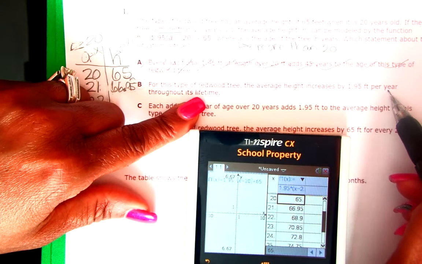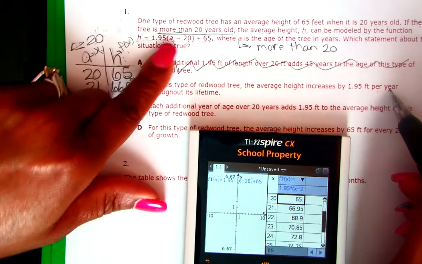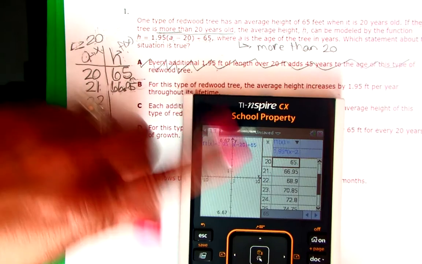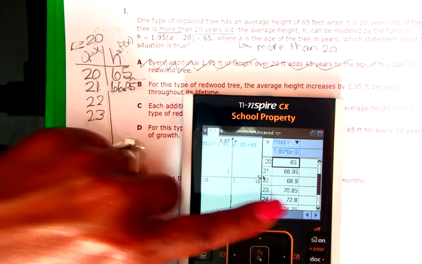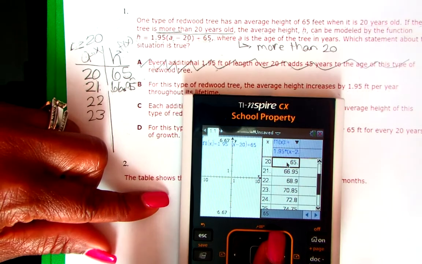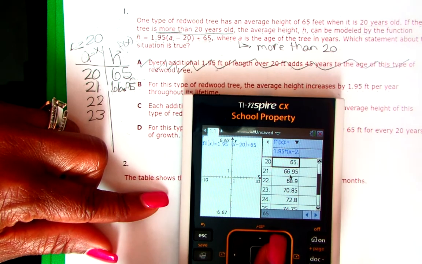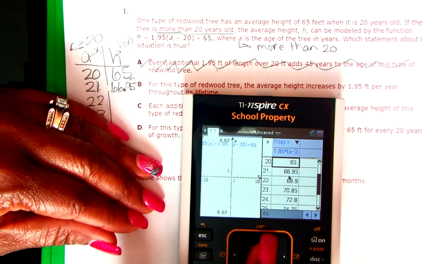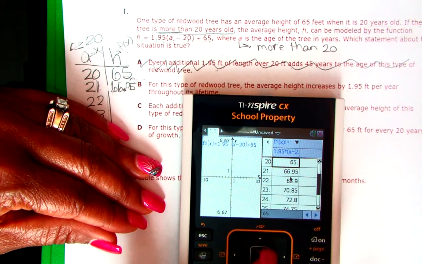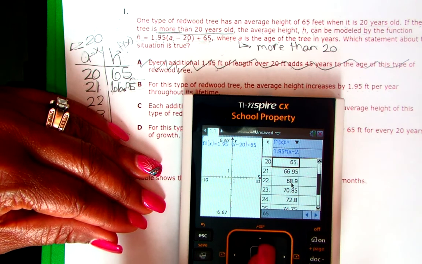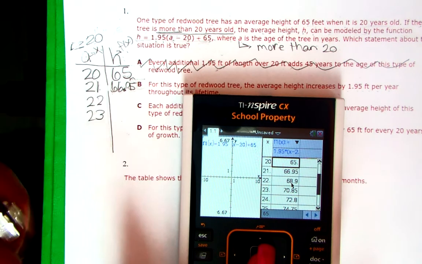Now, is that true? Could it be? Is it talking about after? Because if you look at this right here, if you look at the 65, then we add 1.95. So if you add 1 in 8,500 to this, will I get 66.95? Okay, so let's see, will we get that?